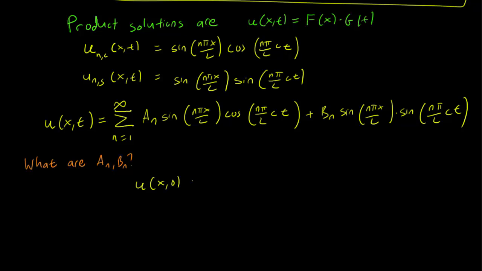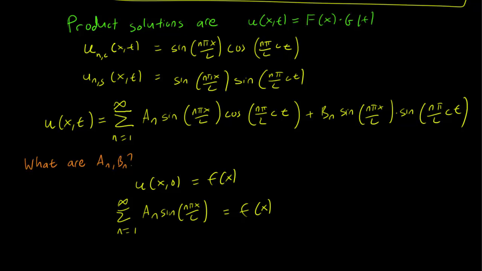u(x,0) equals f(x). However, also, since sine of 0 is 0, you can just ignore all the b_n terms, and we are left with the sum from n equals 1 to infinity of a_n sine n pi x over L. Remember that cosine of 0 is 1, so we're just left with this. So this is equal to f(x).